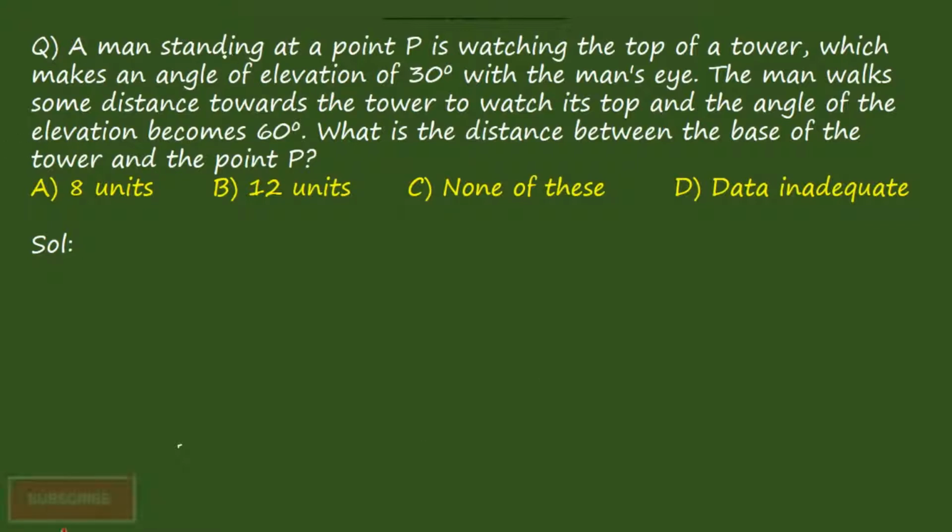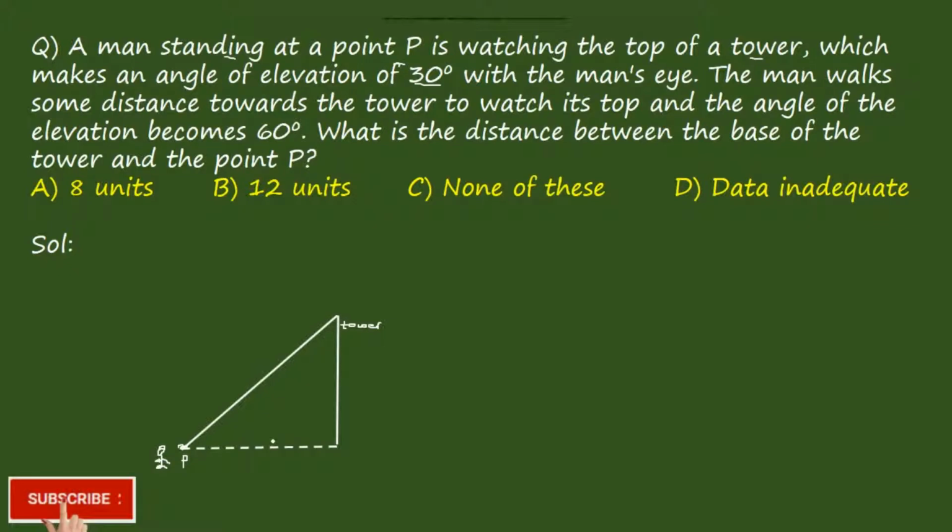The man is standing at a point P. Consider a point P here, and a man is standing here and watching the top of a tower. If you consider a straight line, this is the tower. He is watching the top of the tower, which makes an angle of elevation of 30 degrees.